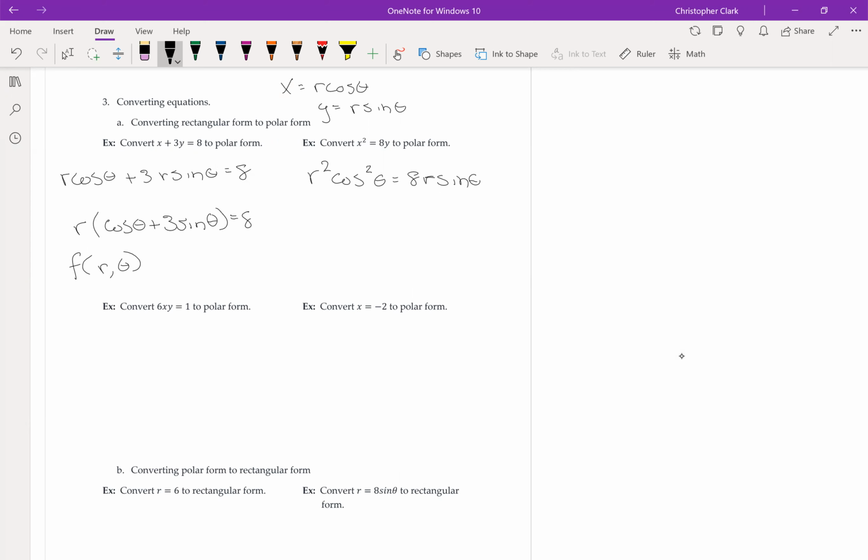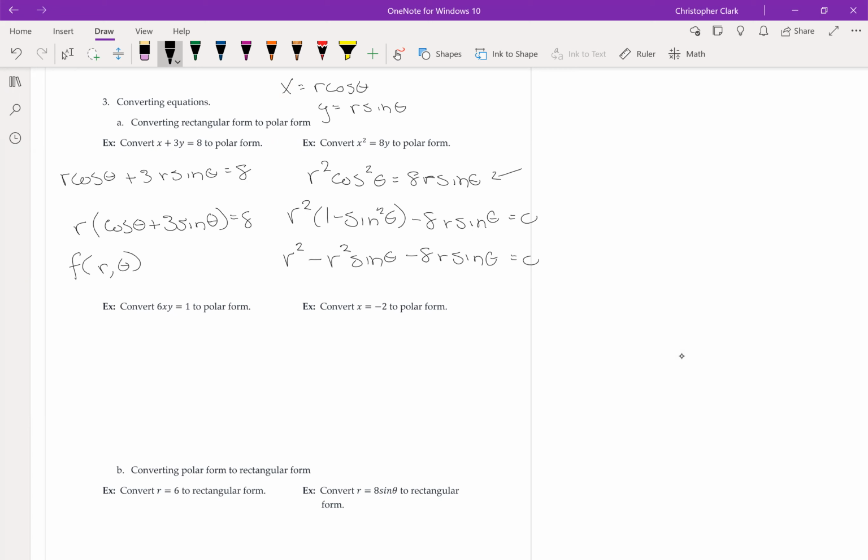In this case, I would bring my r squared here, and I would do 1 minus sine squared theta, minus 8r sine theta, giving me r squared minus r squared sine squared theta minus 8r sine theta equals 0. I think you could leave it in this form. Even the previous form would probably be okay. I just wanted to convert everything to sines and leave it all on one side.